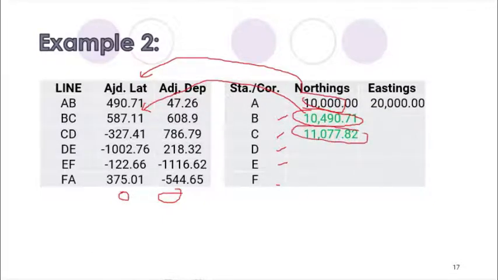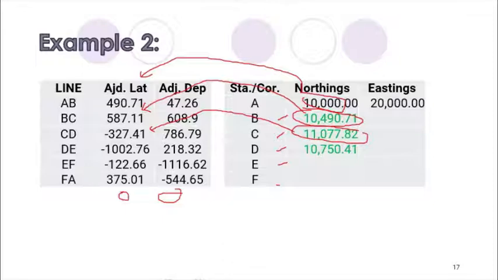Then further, you have 11,777.82, then plus a negative, so it would be 10,750.41, no?